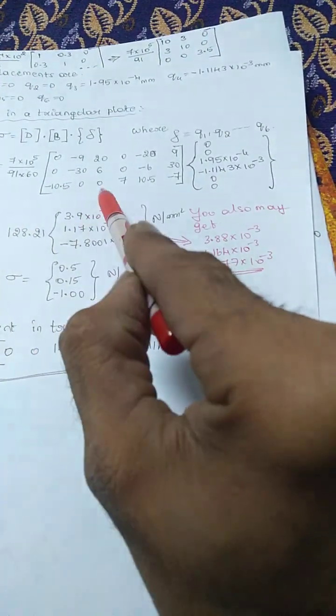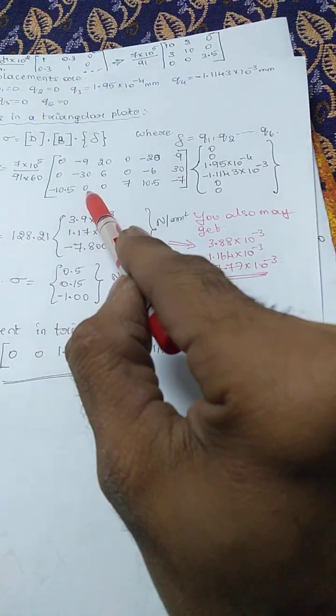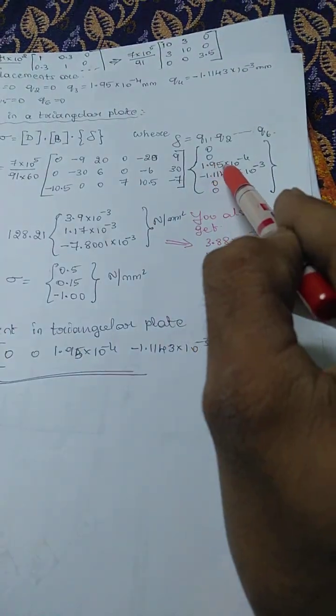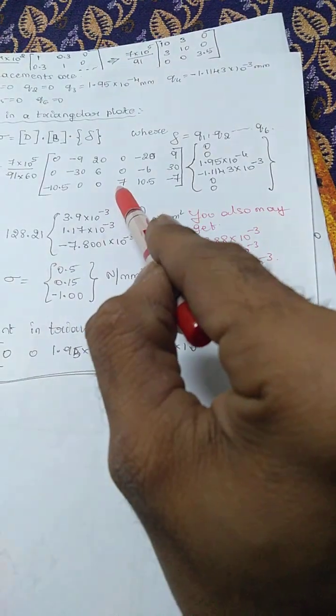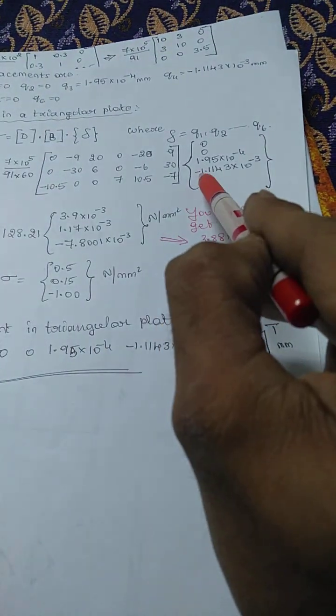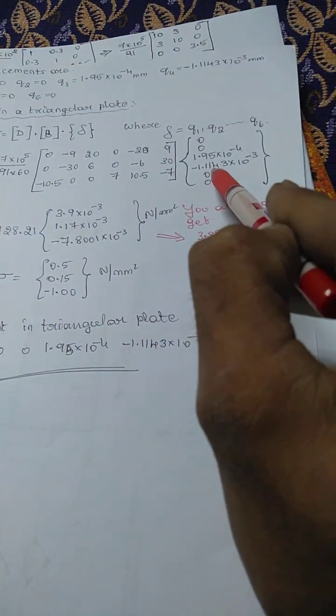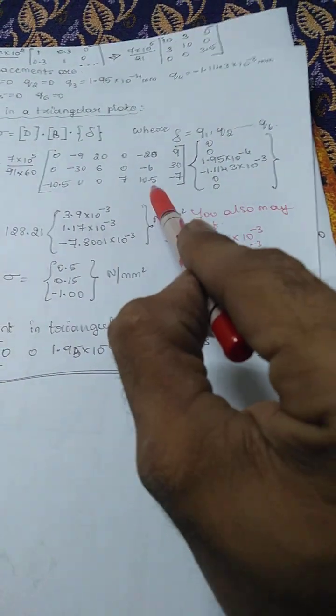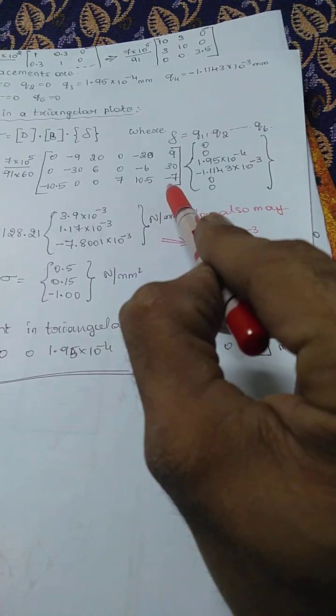Similarly for this one, this into this, 0 into 0, this 0 into 1.95 into 10 to the power minus 4 which is 0, 7 into minus 1.1143 into 10 to the power minus 3, and 10.5 into 0, that is 0, minus 7 into 0 is 0.